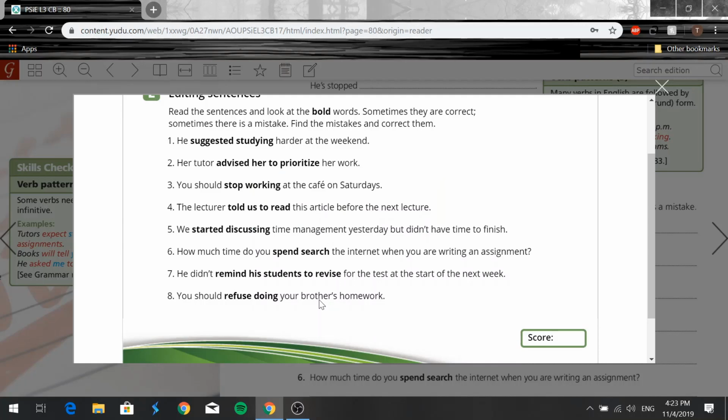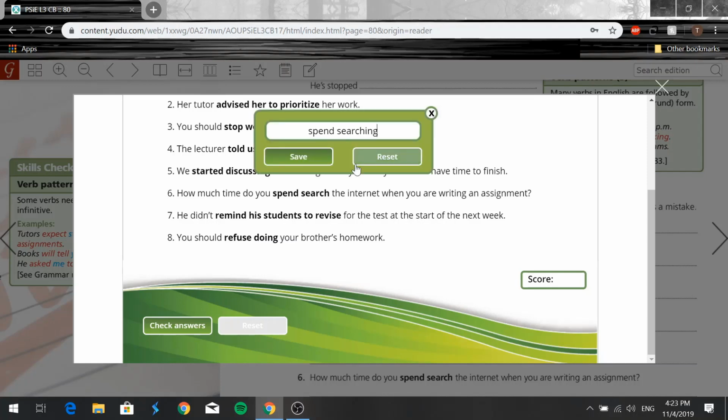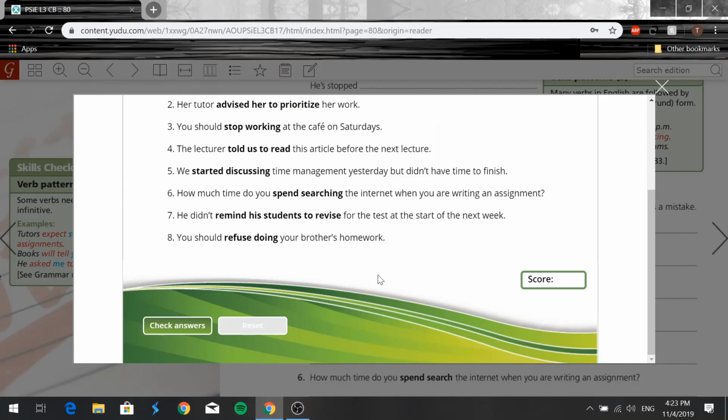5. We started discussing time management yesterday but didn't have time to finish. This one's true. It's a correct sentence. 6. How much time do you spend search the internet when you are writing an assignment? Hell, even the sentence doesn't make sense. Okay? So how much time do you spend searching, not search, but searching the internet when you're writing an assignment? 7.